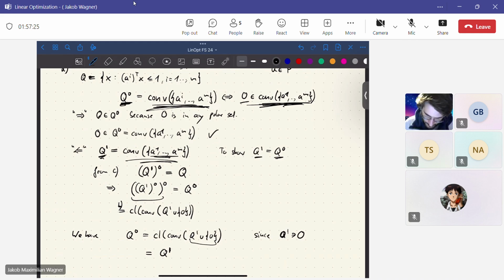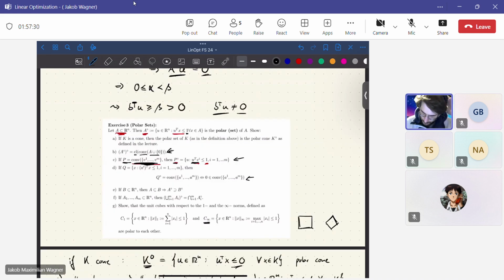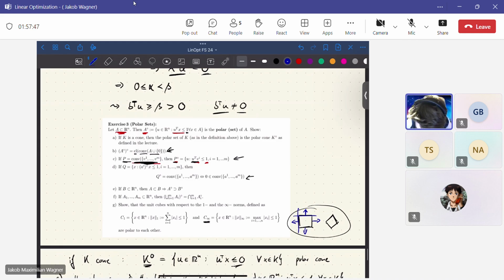Okay. And I think with this, I want to conclude for today. Again, as a consequence, we get that, for example, those two sets are exactly polar to each other. So if we can write the unit square as the intersection of those 4 inequality constraints, then those 4 inequality constraints are exactly the corners of this cross polytope, and we take the convex hull of this, and vice versa.